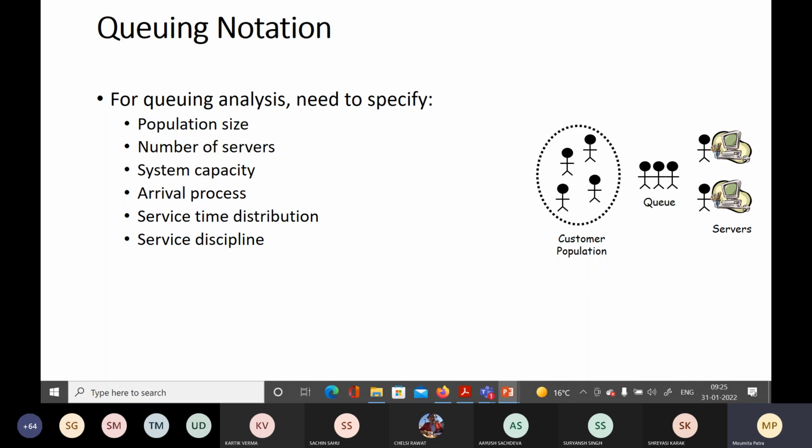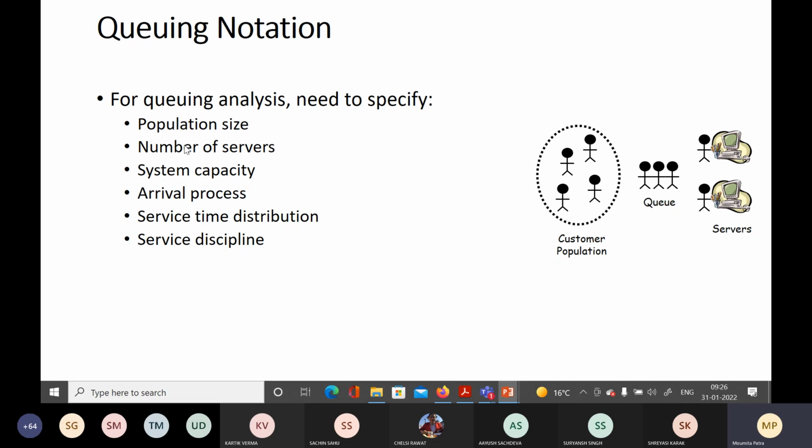So what do we need to specify when we are going to talk about such a system? First we need to specify the population size, that means the customer population here. Out of this, some are going into this queue. So this is the population size that we need to talk about.